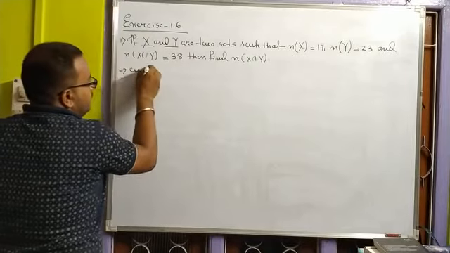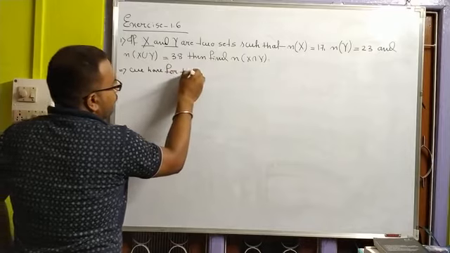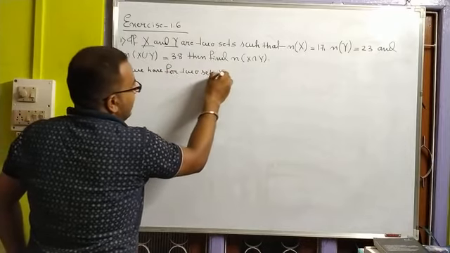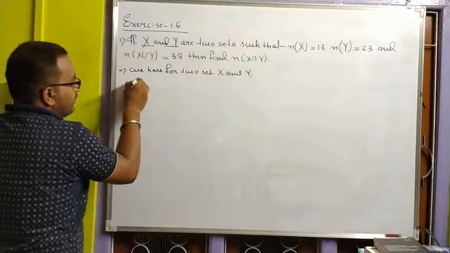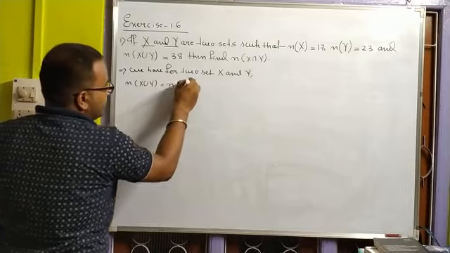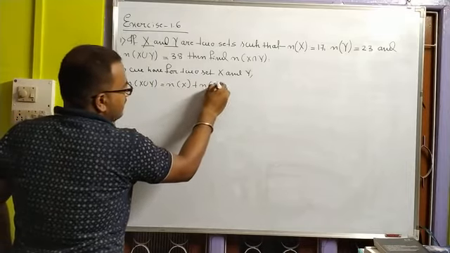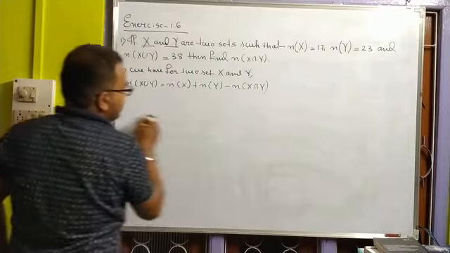You just write, we have for 2 sets X and Y: number of elements of the set X union Y equals number of elements of the set X plus number of elements of the set Y minus number of elements of the set X intersection Y.